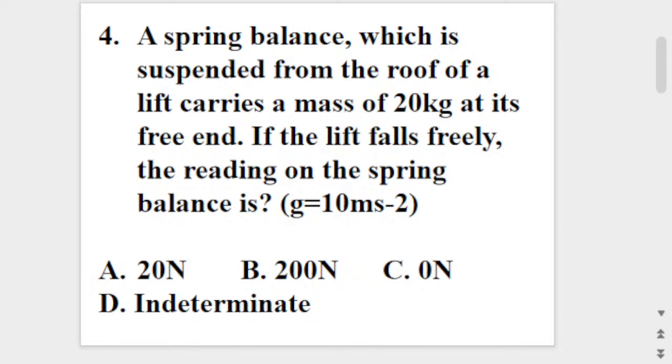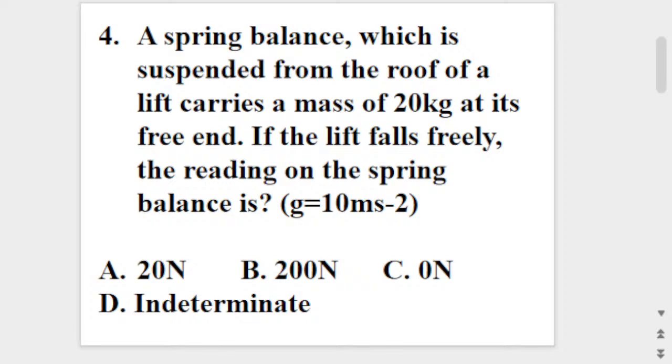But if you look at this, the question says that if the lift falls freely, and by the way, when something falls, does it move up or down? It comes down, which means that here we are going to make use of this formula because it is moving down. So mg minus T is equal to ma.